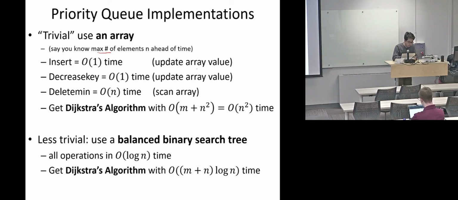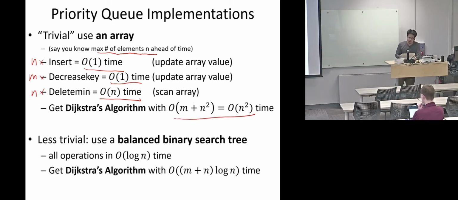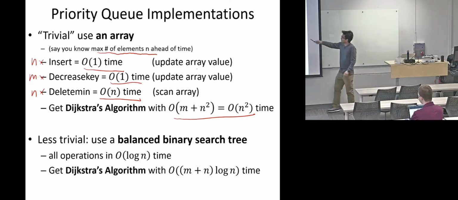We know that there are just n elements at most, so insert takes one time, putting it into that cell. Decrease key just updates that cell, which takes O(1). For delete min, if it's an array, you need to scan through the array, and that takes n time. So there are n inserts, m decrease keys, and n delete mins. So the total time, if you use an array to implement the heap, is this much.